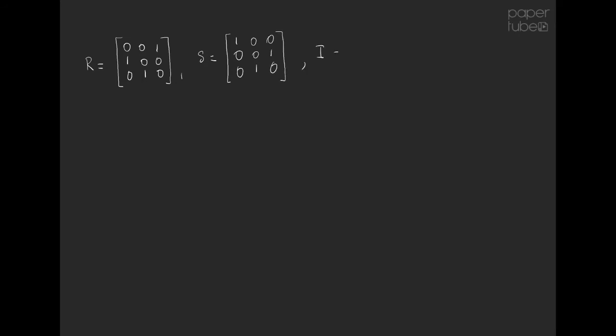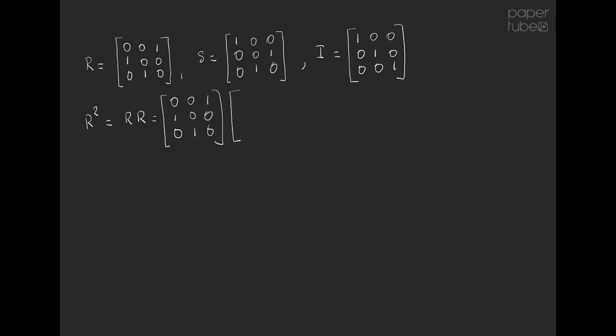And the identity matrix 1, 0, 0, 0, 1, 0, 0, 0, 1. Okay. Now let us try to compute R squared, which is R times R. So it will be 0, 1, 0, 0, 0, 1, 1, 0, 0, times 0, 0, 1, 1, 0, 0, 0, 1, 0.